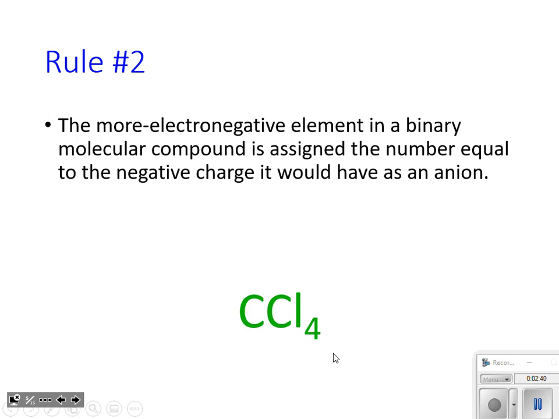So as I am looking at the chlorine here, I am going to say it is going to take the charge it would if it were an anion. So what charge would that be? Well, chlorine is a halogen, so it's 1 away from having its octet, so it's going to take a -1 charge. So in this case, chlorine would be -1. Now, how do I figure out what the carbon is? Well, it's got to equal 0.